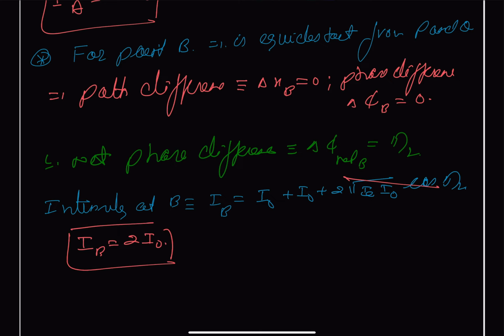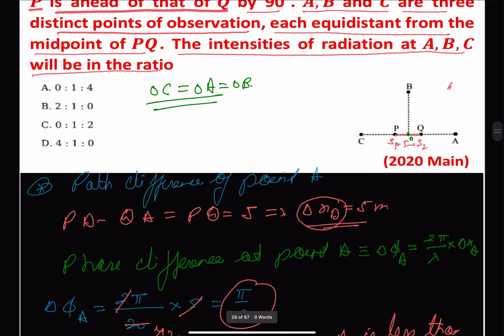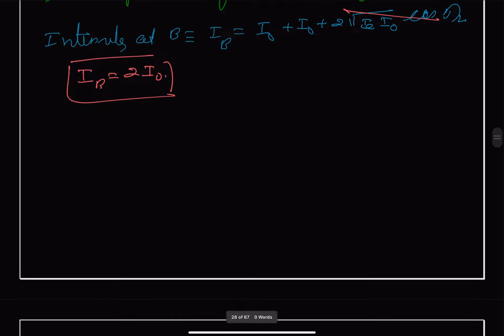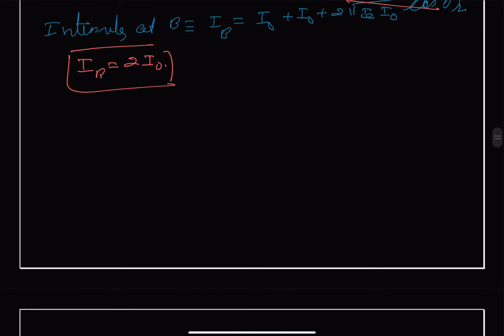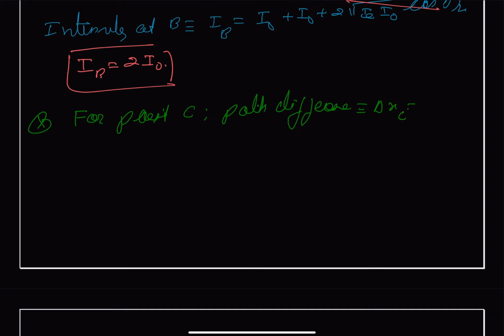Now we are left with only one point. That point is our C point. So you can say for point C, the path difference, that is our delta xc, will be equal to our QC minus PC, and this QC minus PC will also be equal to PQ.